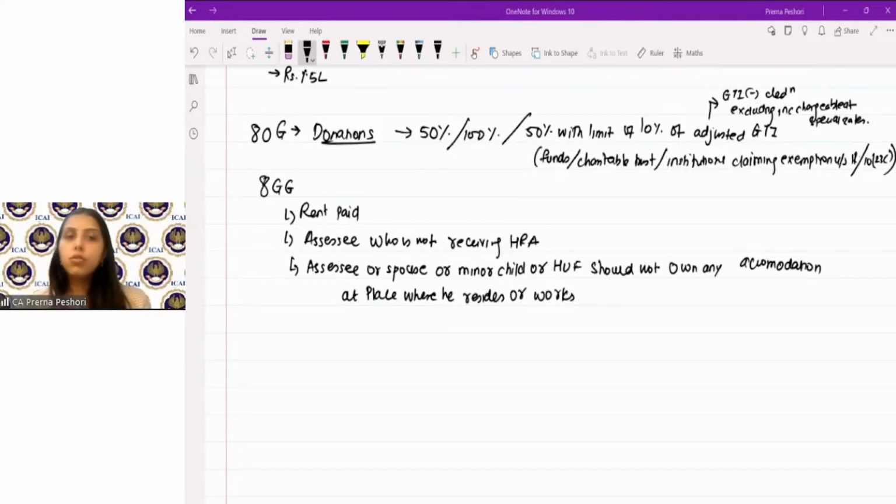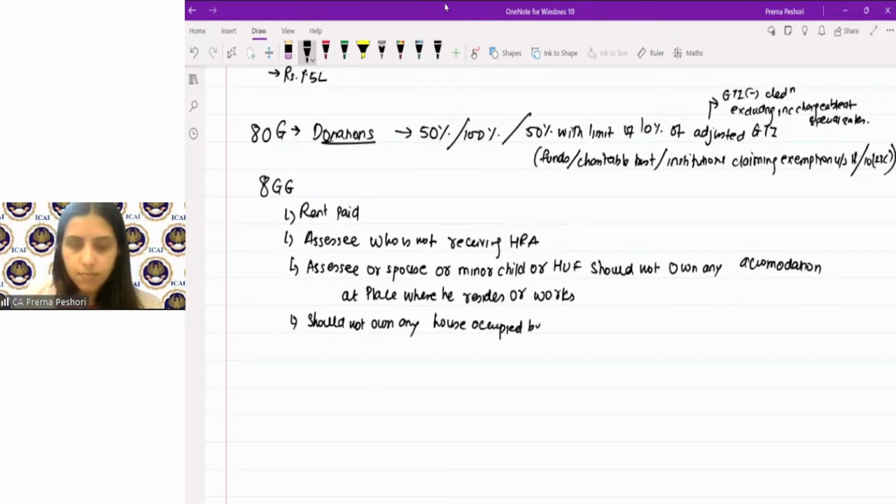Okay. So the property should not be occupied by him or treated as self-occupied property.